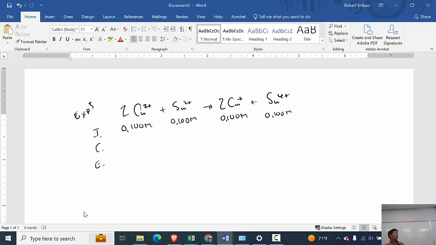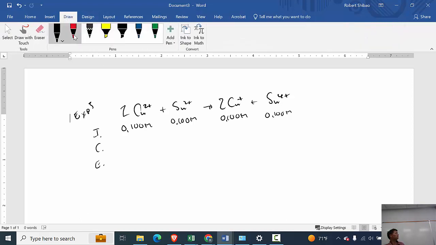So we had 64% reaction? So what do you predict here? Minus 0.064, right? Minus 0.064.